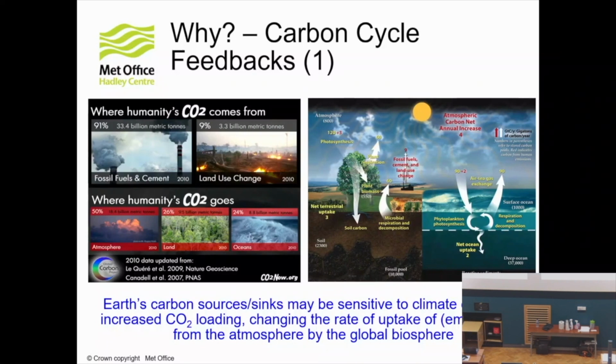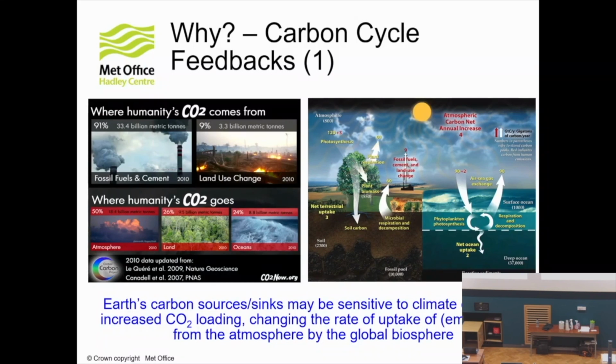This next example is very much out of my domain, but it's focusing on carbon dioxide, which you'll have seen from the previous slide is the single largest contributor to climate change. So this schematic on the left is really showing where the CO2 emissions come from, and what happens to CO2 once it's emitted into the atmosphere.